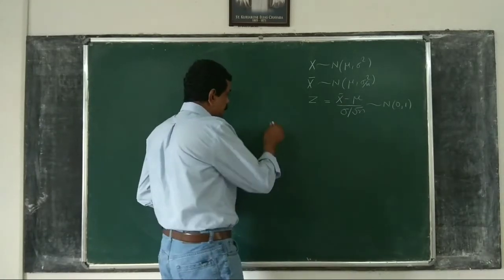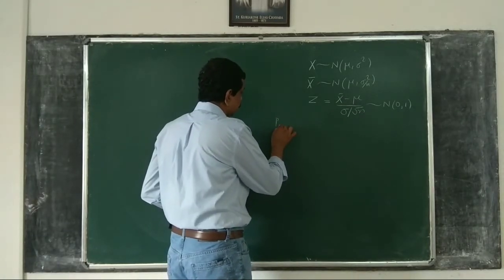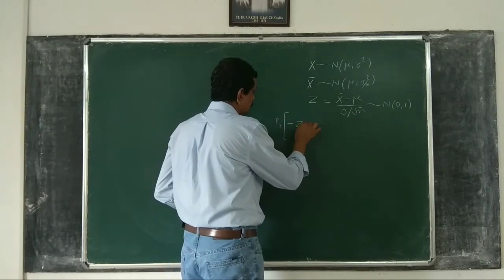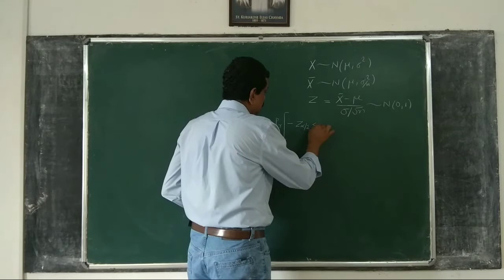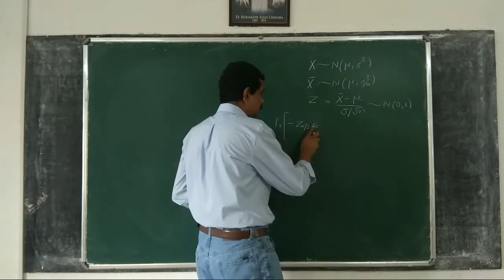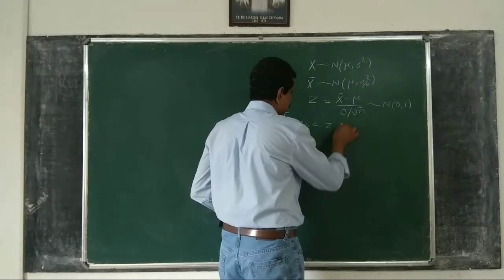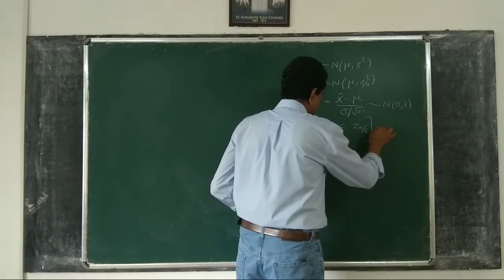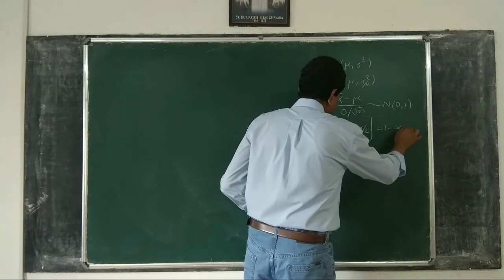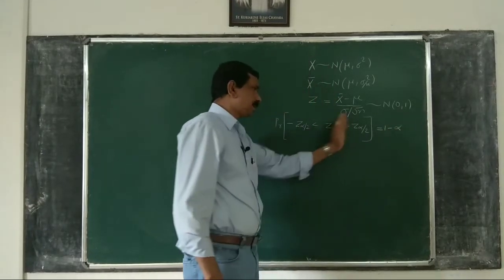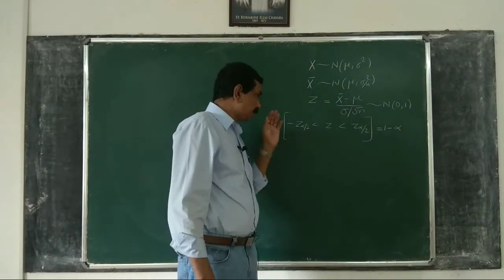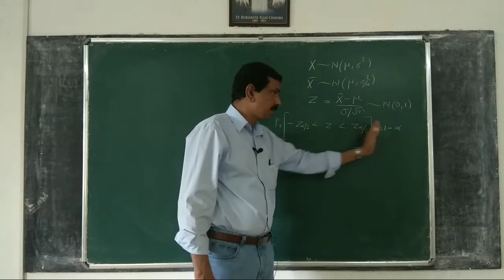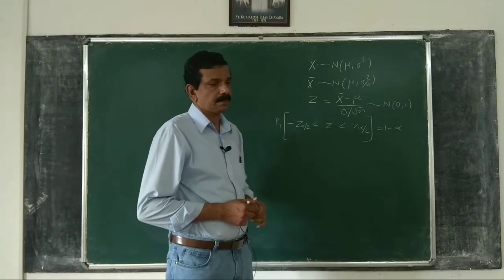We know that the probability that minus z alpha by 2 less than or equal to z less than or equal to z alpha by 2 is equal to 1 minus alpha. It is a statement about the probability that z lies between two values is equal to 1 minus alpha.